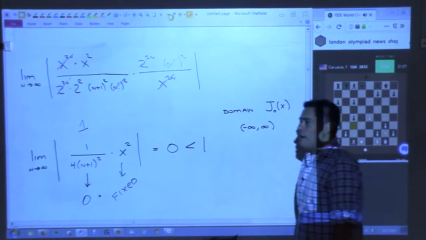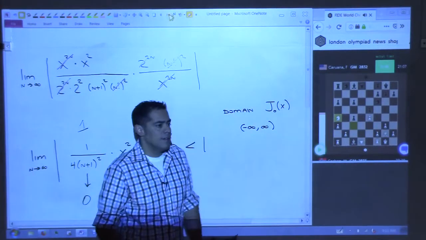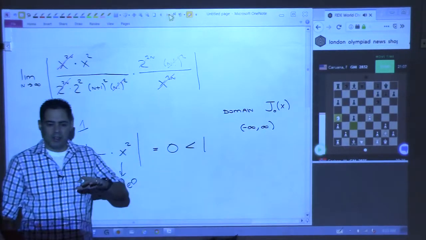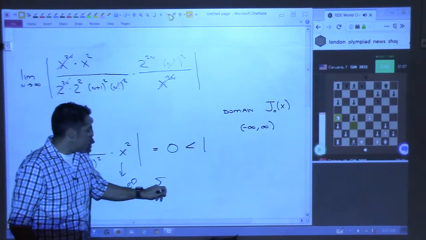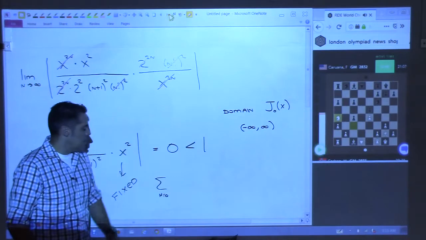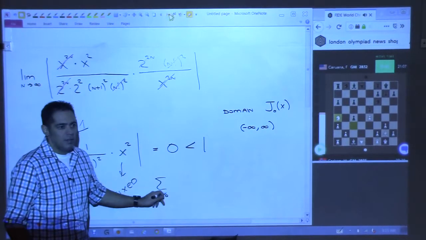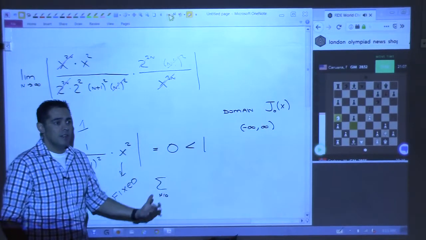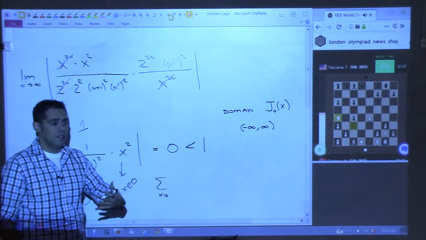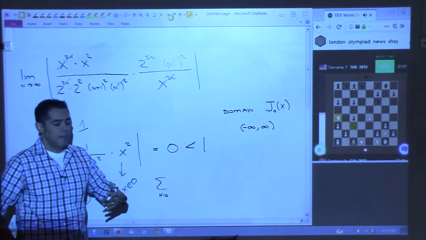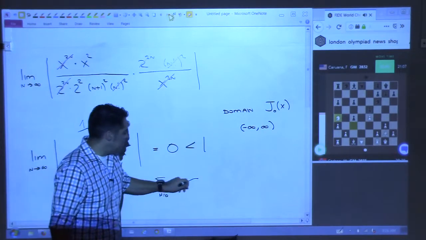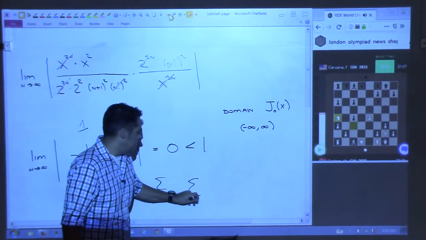Good question. No. The question is, the original sum started at 0. And if we change that to like 2 or 5 or something else, does it change the answers in terms of convergence? The answer is no, because let's say we start the sum at 5 instead.